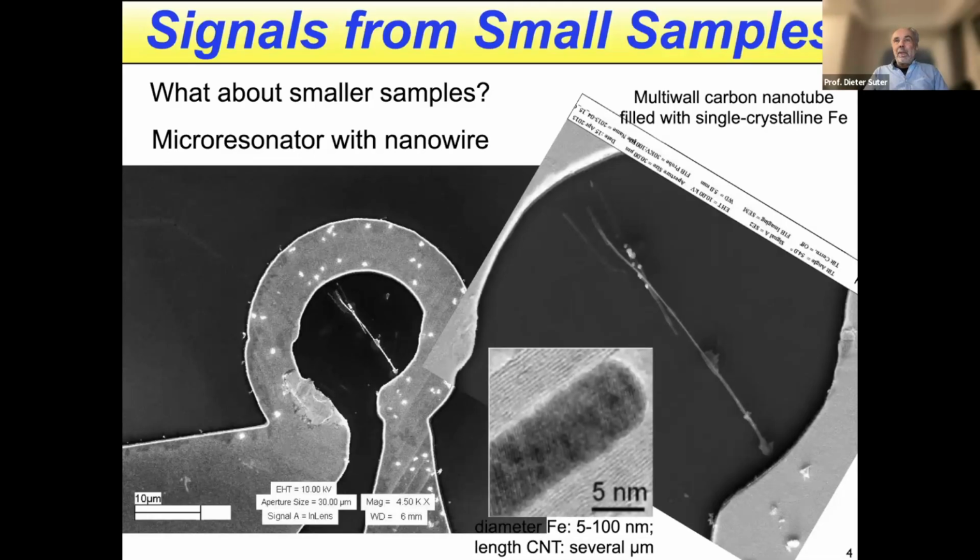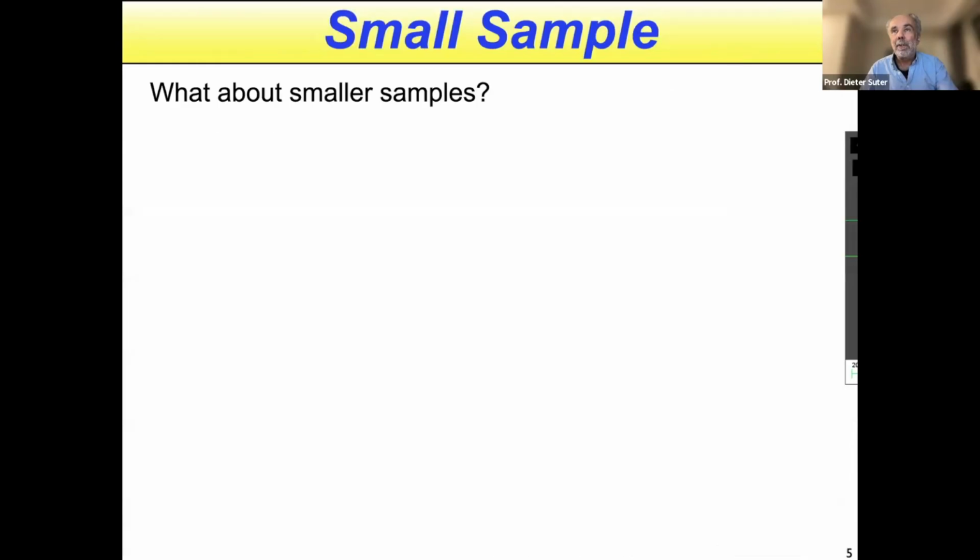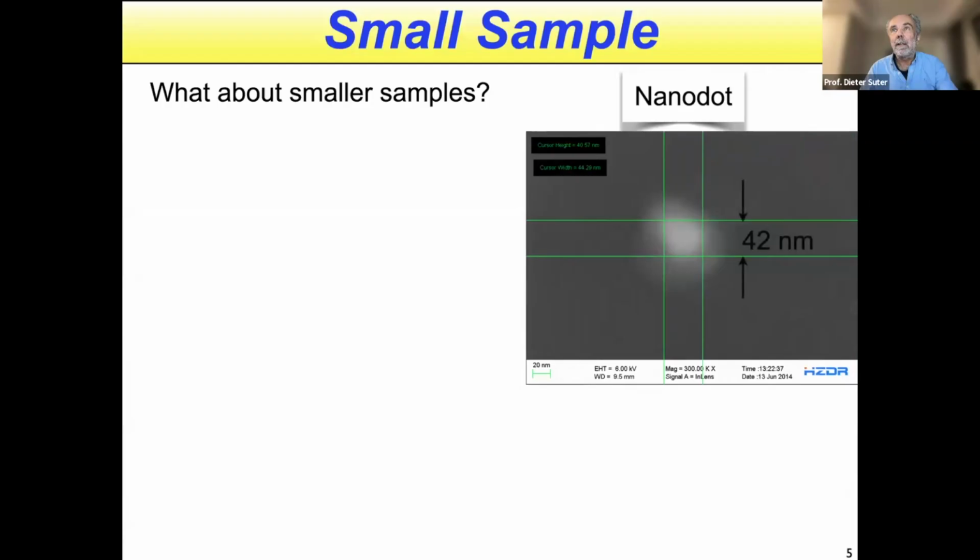The sample is a rod-like system with a bit more than 5 nanometers in diameter, but a length of some micrometers. That is relatively small compared to typical NMR samples, but of course you can go smaller.